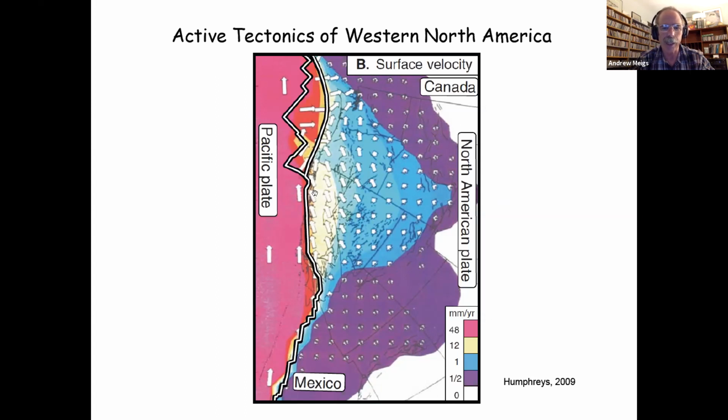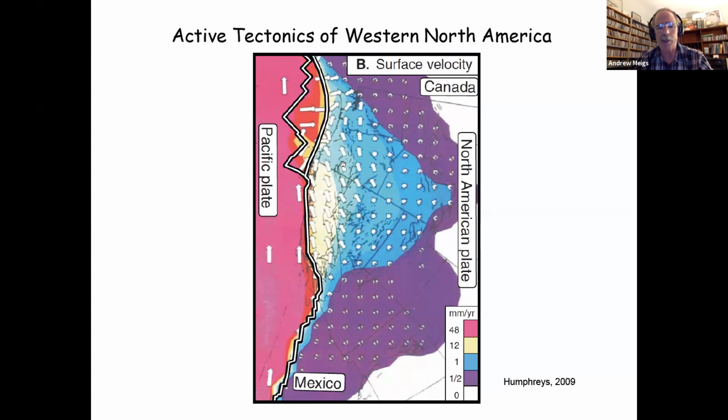And if you have a light color, as we see over here on the west, you're moving relative to North America in a northwesterly direction. That change in deformation rate is highest across the San Andreas Fault, where there is right lateral shear, as everyone knows. But when you get up to the Cascadia area, the edge of North America is defined by the Cascadia subduction zone, as I mentioned a moment ago.